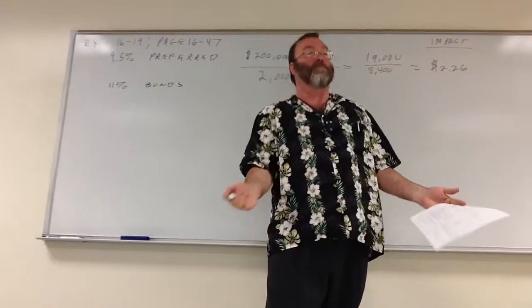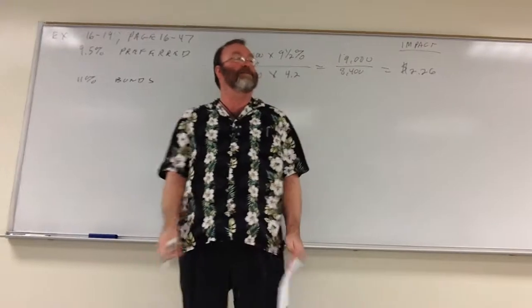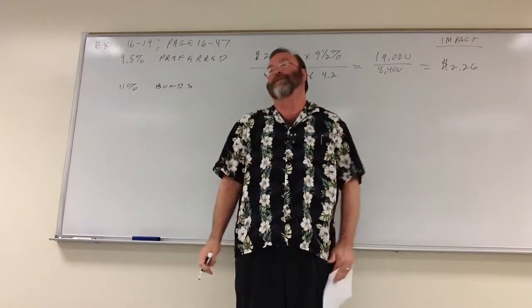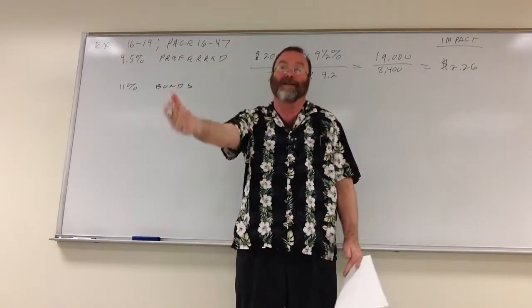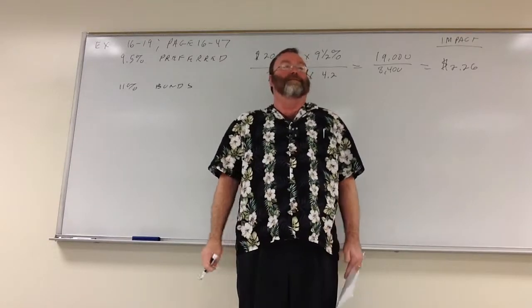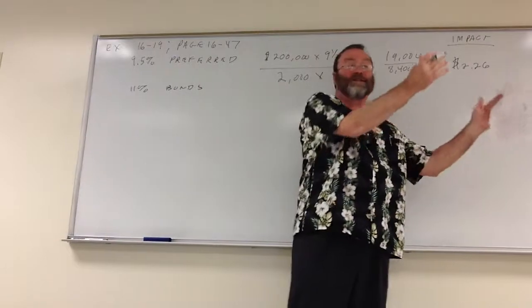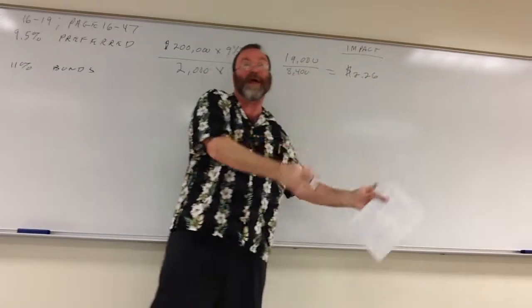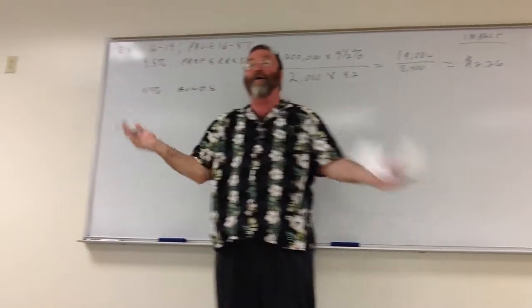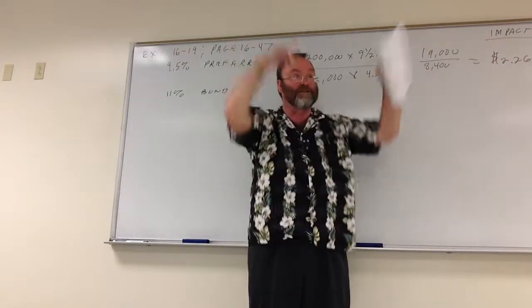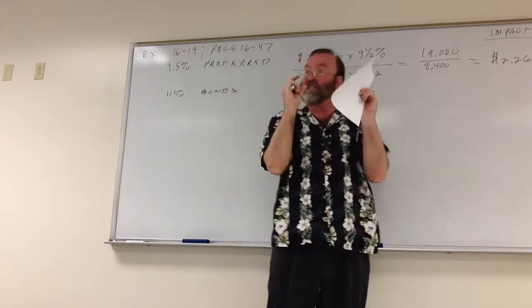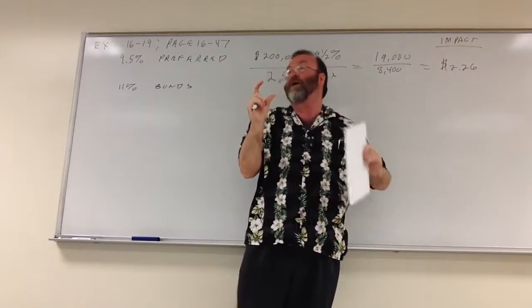How does a bond affect net income? Come on. What does a bond do? Pays interest, right? Interest is interest expense. Interest expense affects net income. How? It reduces it, okay? So that's the change, the effect of the numerator.